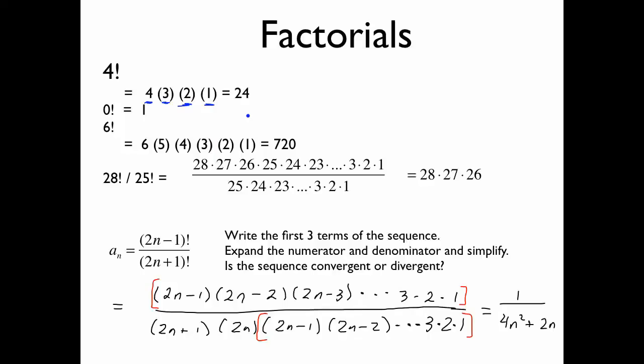That's what factorial means. It means march down by whole numbers and multiply those all out. So what's 1 less than 2n plus 1? 2n is 1 less than 2n plus 1, and then 1 less than 2n is 2n minus 1. And that starts the 2n minus 1 factorial. So those go away. Other questions? Okay.